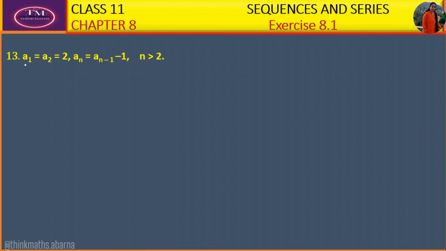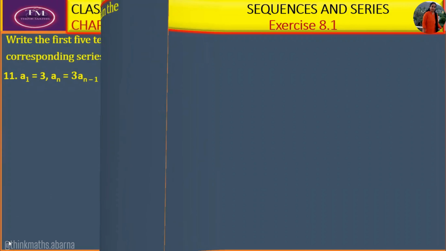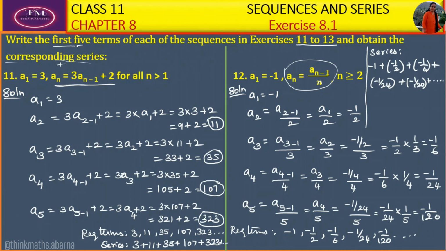So moving on to the 13th one. Here a1 is equal to a2 is equal to 2. an is equal to an minus 1 minus 1. Here n is greater than 2. What is the question here for the 13th problem? You have to find the first 5 terms and the corresponding series. The same is for 11, 12 and 13.